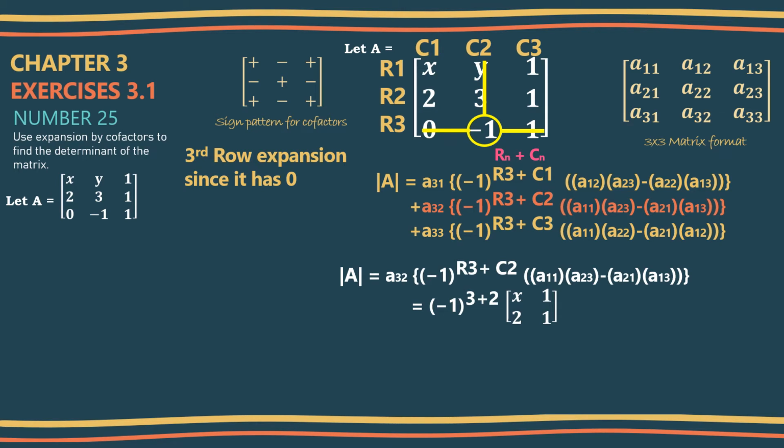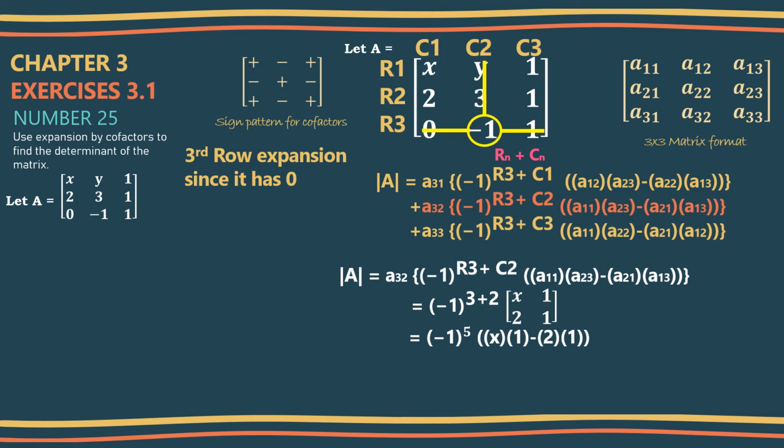We have negative 1 raised to the row number which is 3 plus the column number which is 2 times the determinant of the elements that are left in our given matrix. We have 2 by 2 matrix. We have x, 1, 2, 1 equals 3 plus 2 is 5.